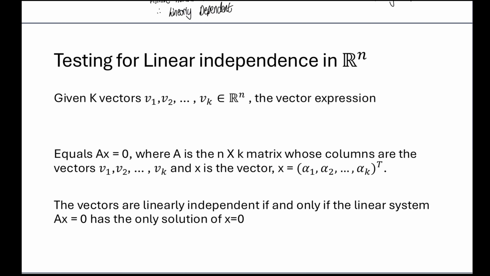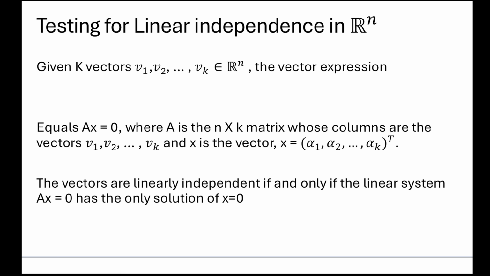Okay, if we come over here, so testing for linear independence in a higher level of dimension. So given that we have k vectors, so v1, v2 all the way to vk, which are all real and in some n dimension, the vector expression can be given as alpha 1 v1 plus alpha 2 v2 plus all the way up to alpha k vk, which is equal to 0.